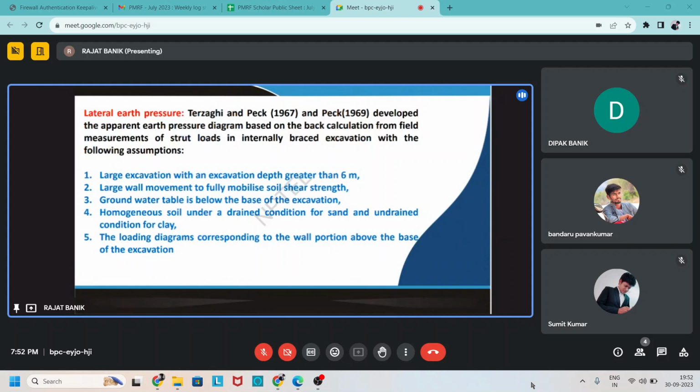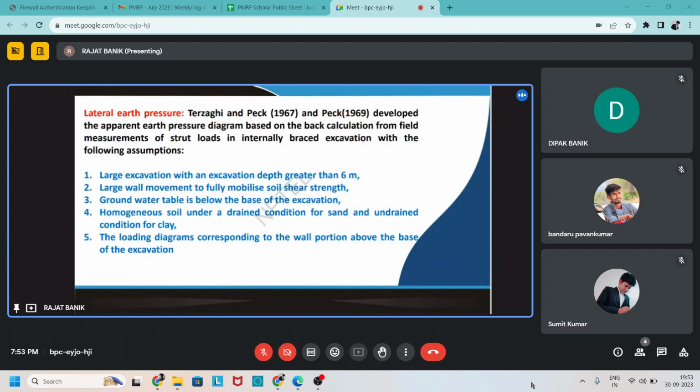It was found by Terzaghi and Peck, who developed the lateral earth pressure diagram based on back calculation of the field measurement, the strut load, and the internally braced excavation with the following assumptions. The assumptions are: large excavation with an excavation depth greater than 6 meters, large wall movement to fully mobilize soil shear strength, and the groundwater table is below the base of the excavation.